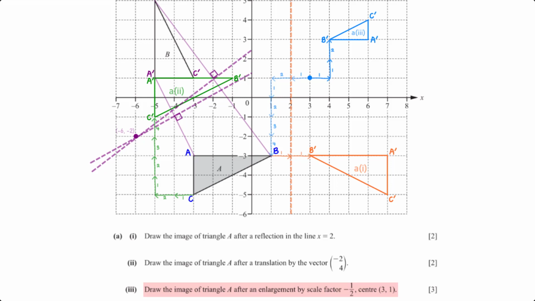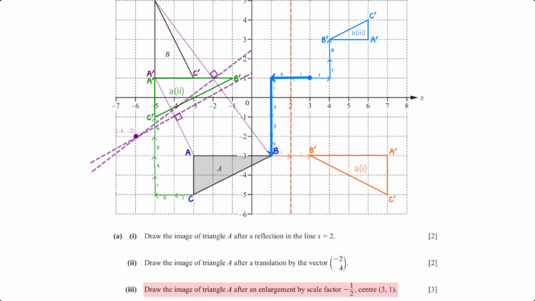To move from the center of enlargement to point B, we move 2 units to the left and 4 units downwards. And so to pin the new position of point B, we move in the opposite direction due to the negative scale factor. So instead of moving to the left and downwards, we move to the right and upwards.